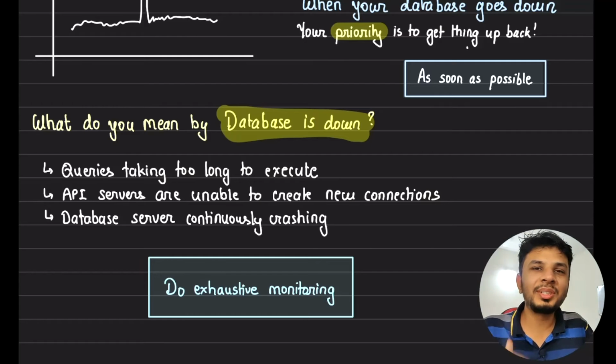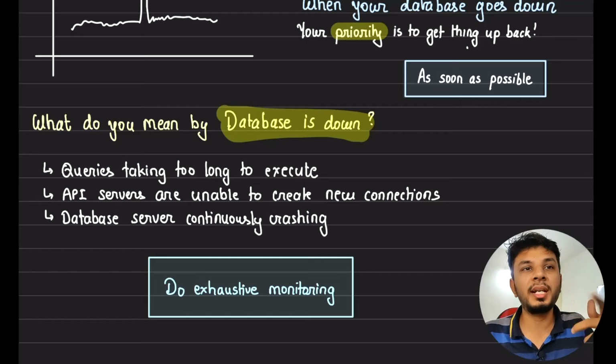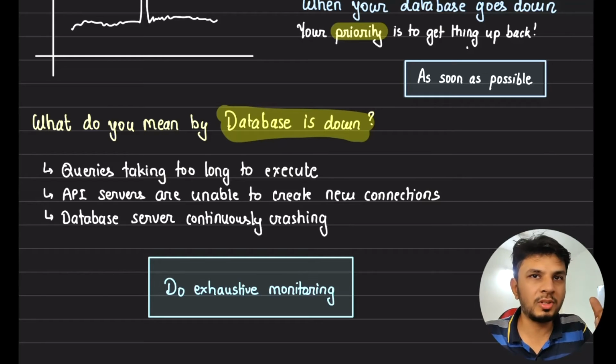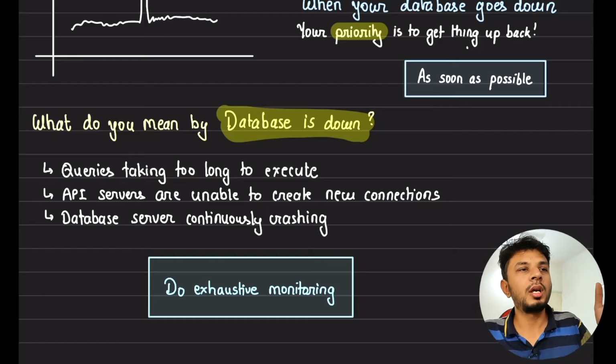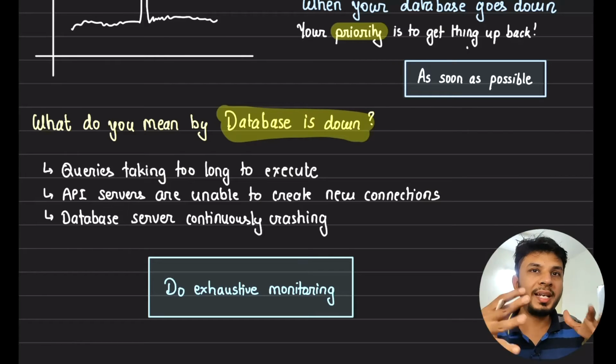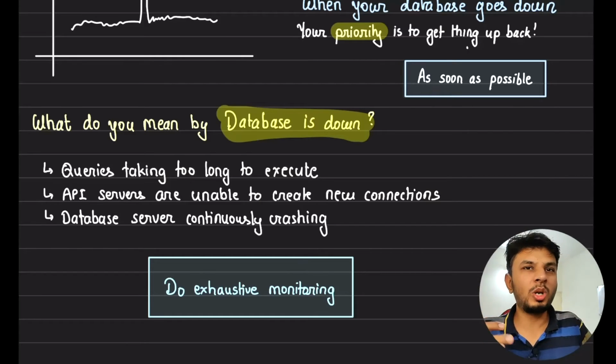Your disk is full. This is the most common reason why your database keeps on crashing. Or there is some sort of file system corruption, or very low disk space, so the database is not able to write anything onto the disk.